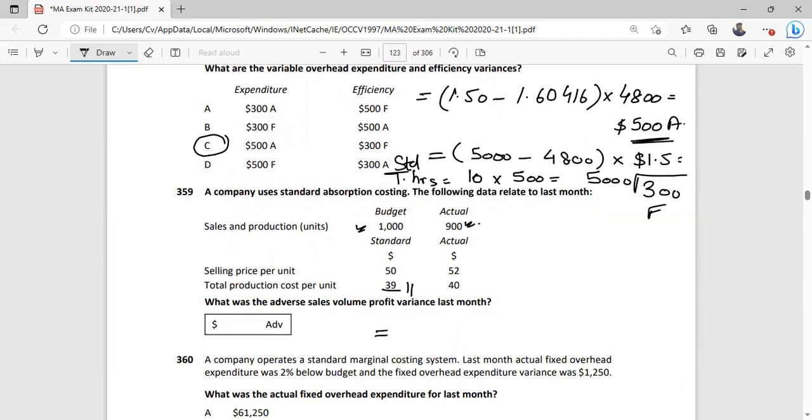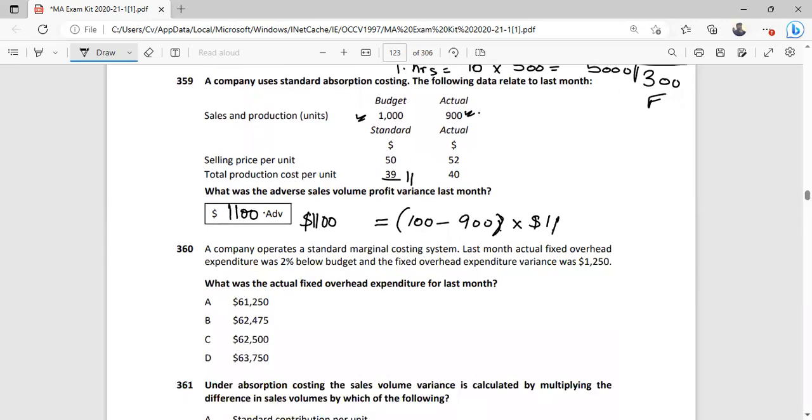Sales volume profit variance says budgeted sales units minus actual sales units into budgeted profit per unit 11. So there is an answer of 1100 adverse. This is the sales volume profit variance. Any question?